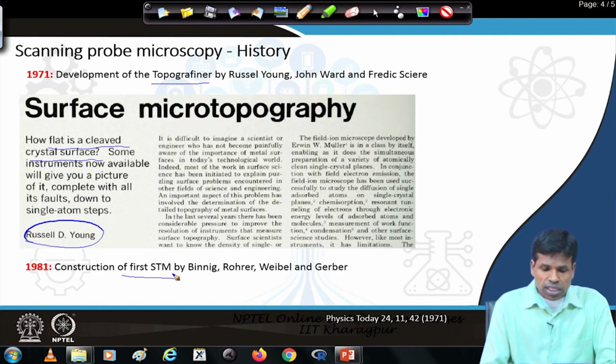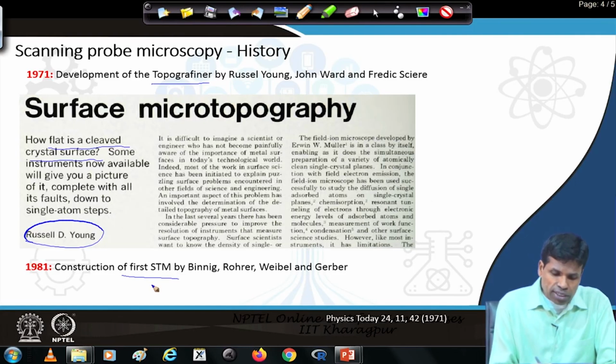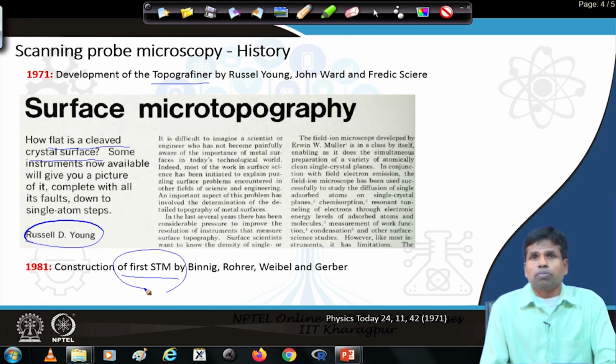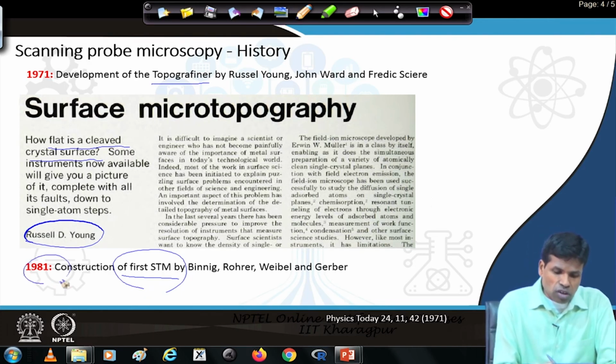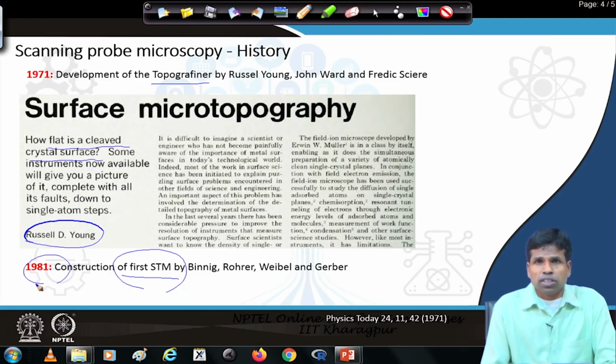If we see the components used for the scanning tunneling microscope, all the components had been available since long back, from the 1930s, 1920s. So the design is very simple, all components were available, but its discovery came quite later in history, that is in 1981.